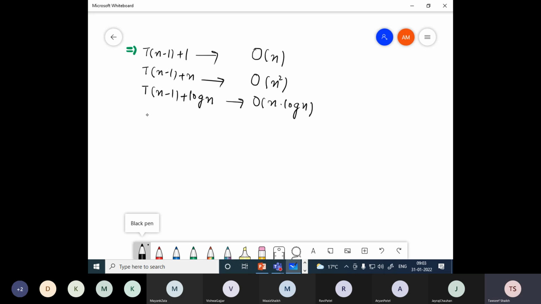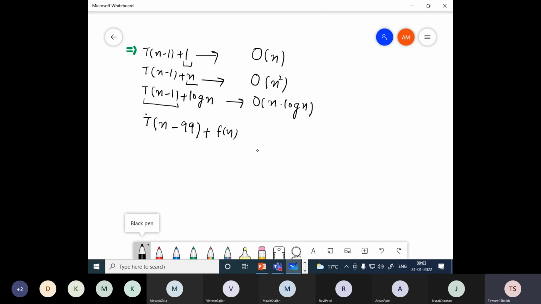And I said that whenever you see a recurrence of this form, where t has something decreasing from n, even if it is 99, anything decreasing to n minus something, plus some function, which we denote as f of n.